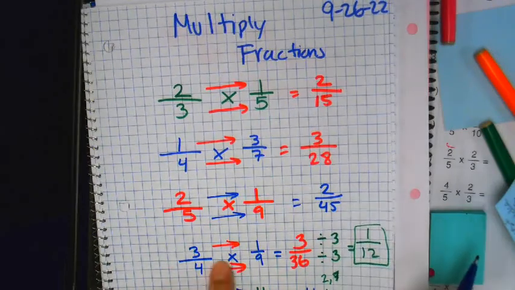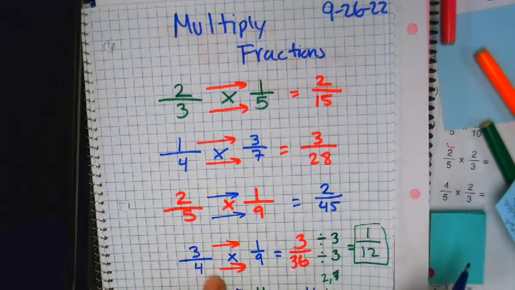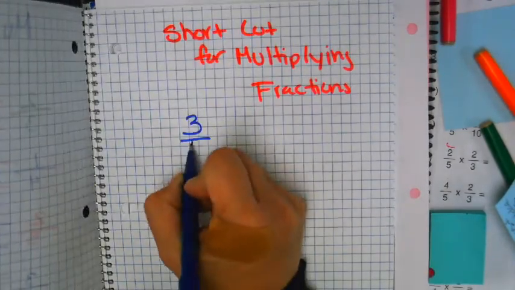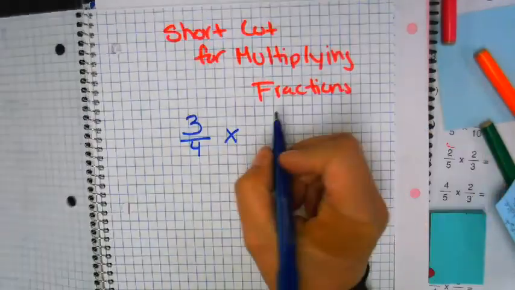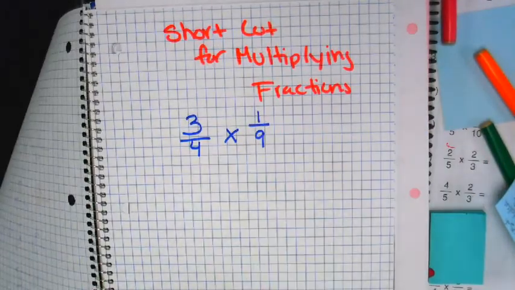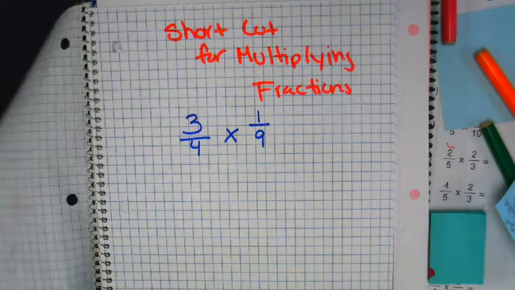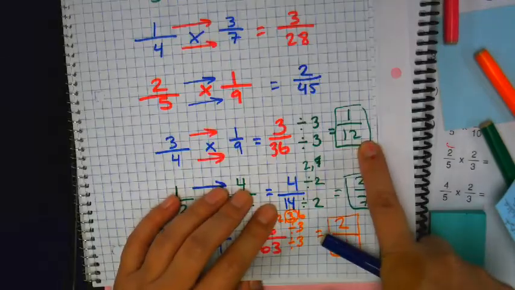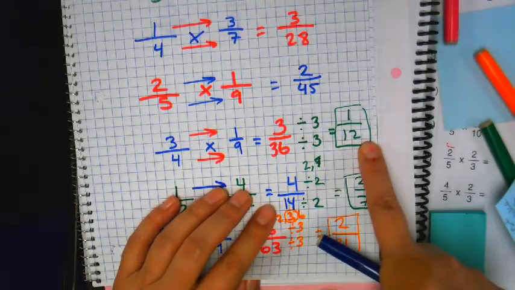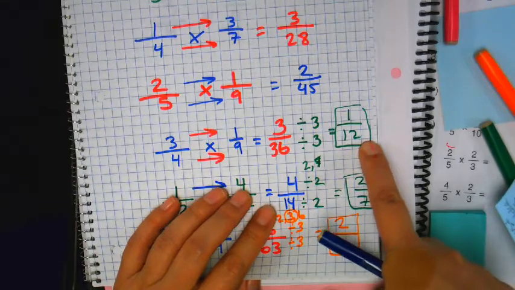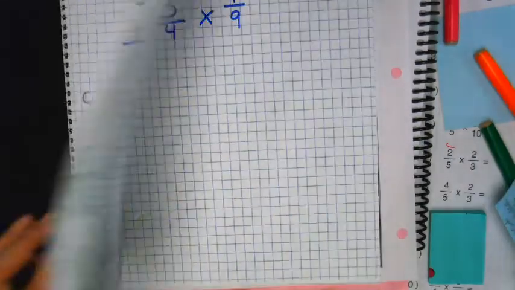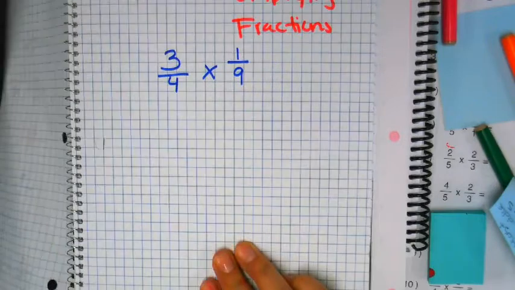So I'm going to rewrite this problem. 3 over 4 times 1 over 9. Okay? I already know the answer. We already have the answer. So we're not worried about what our final answer is. Our final answer is 1 over 12. I'm going to show you a different way, hopefully an easier way, to get this. Especially when we start doing more difficult problems tomorrow.